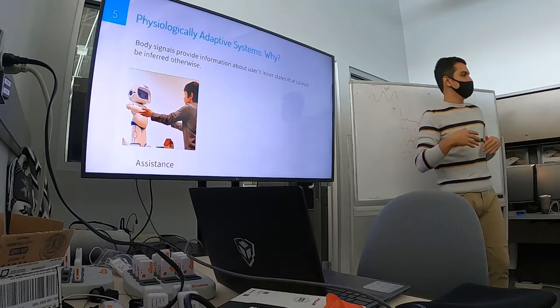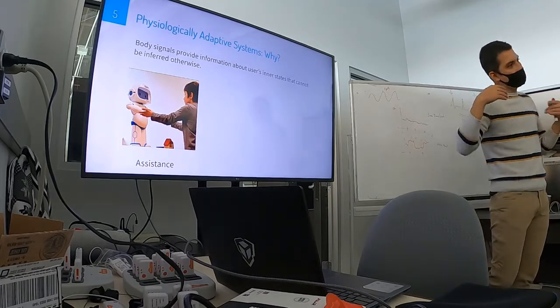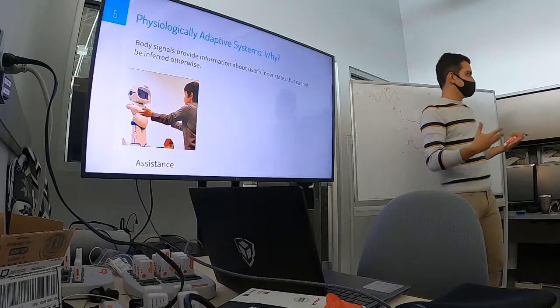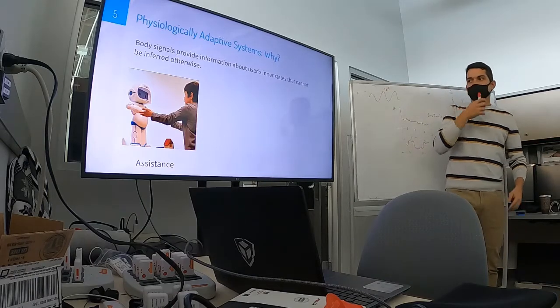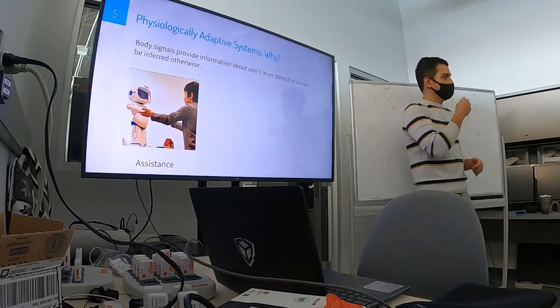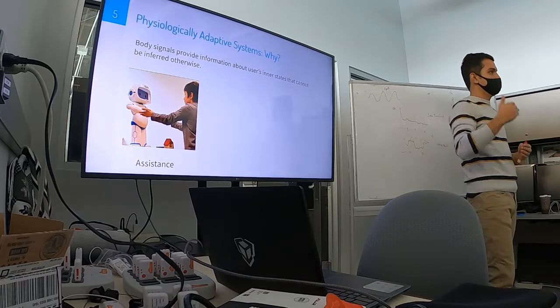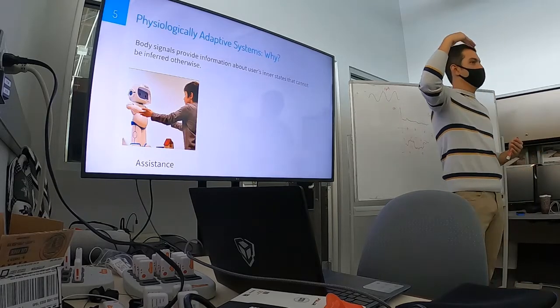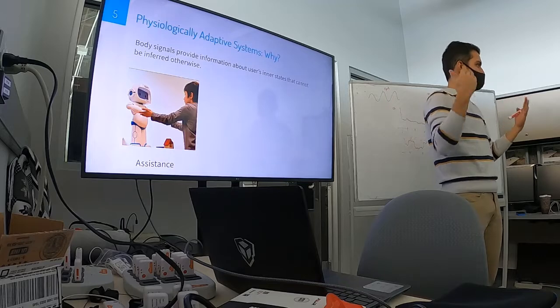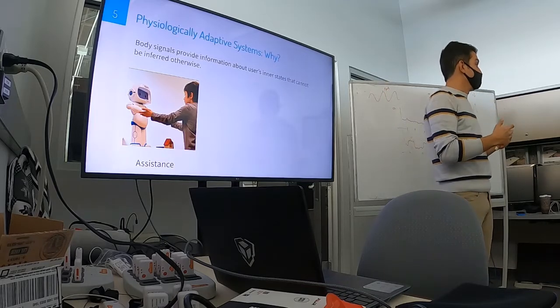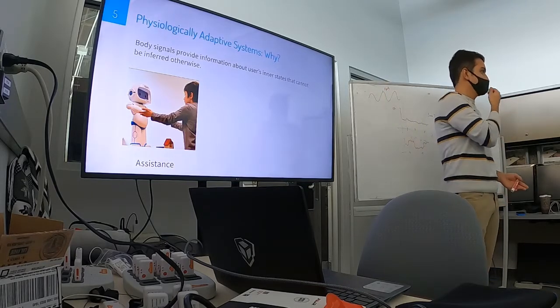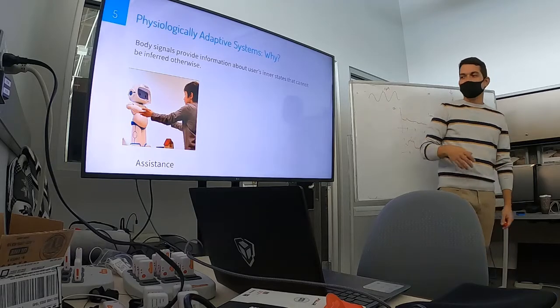So let's say you want to prevent people from being super stressed. You want to prevent people from being very anxious about a situation. So you trigger the behavior of the robot based on certain levels of stress. So you detect the stress and then you create a behavior in the robot or in your system that is supposed to relax the person, theoretically or pragmatically.